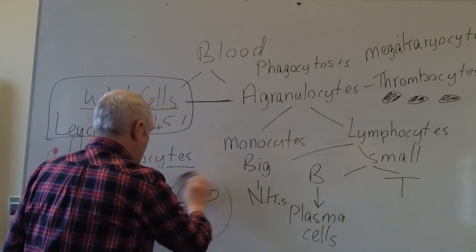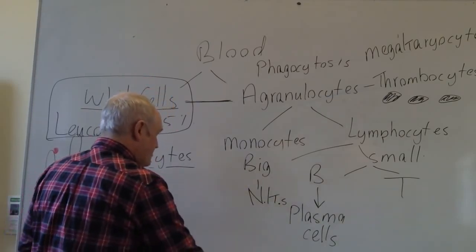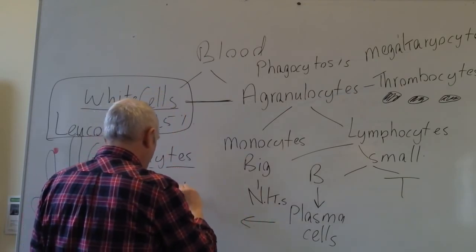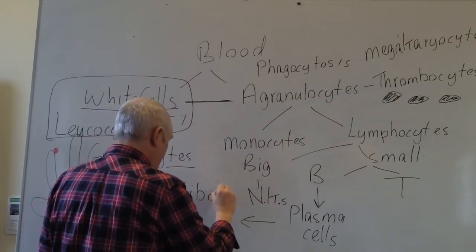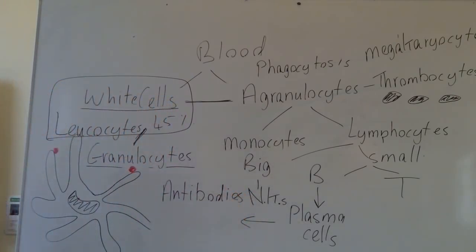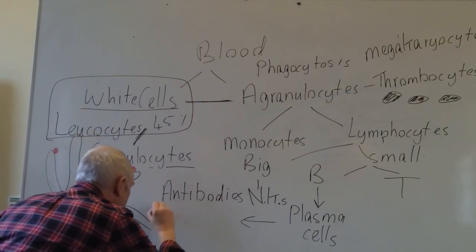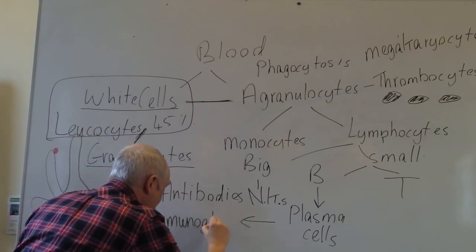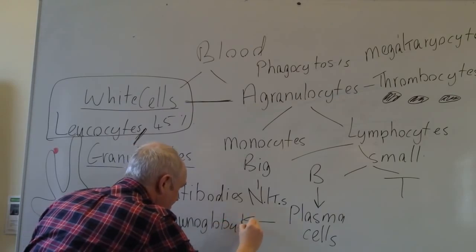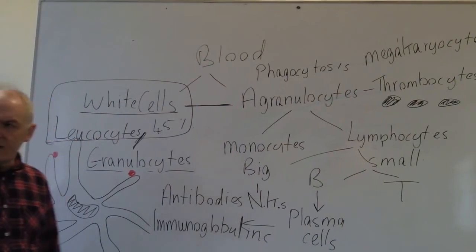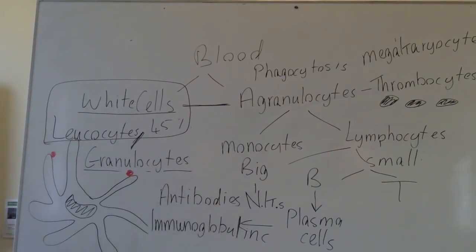And that's good because it's the plasma cells that produce the antibodies. Antibodies, of course, are the immune proteins. The immunoglobulins, the immune proteins that fight the infection.